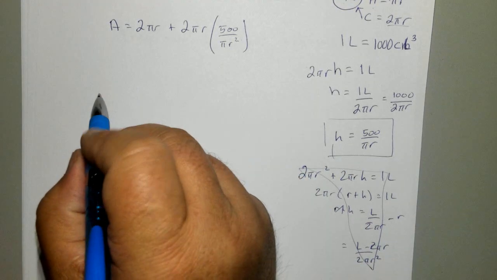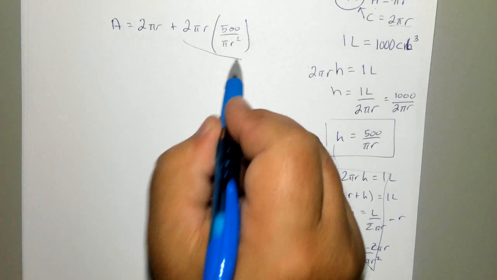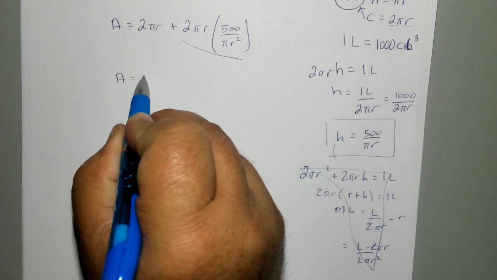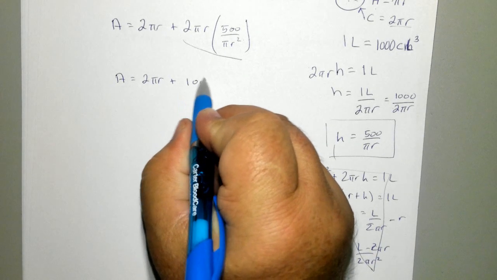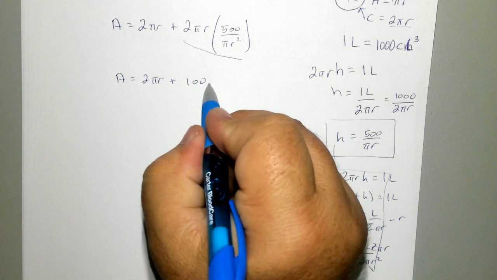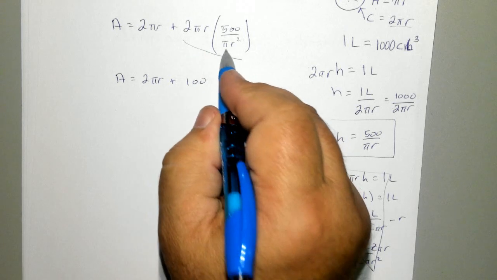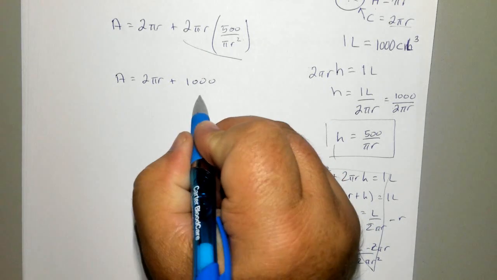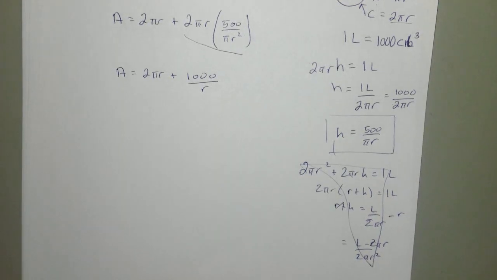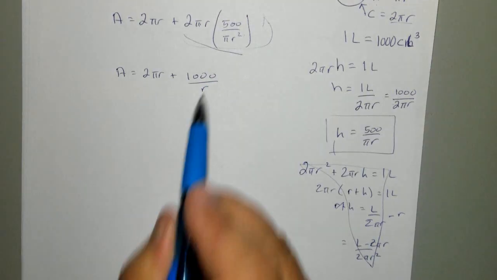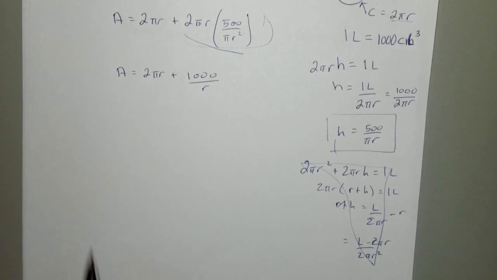Simplify this part. Things cancel. We simplified this whole section here. Now we have one equation, one variable.